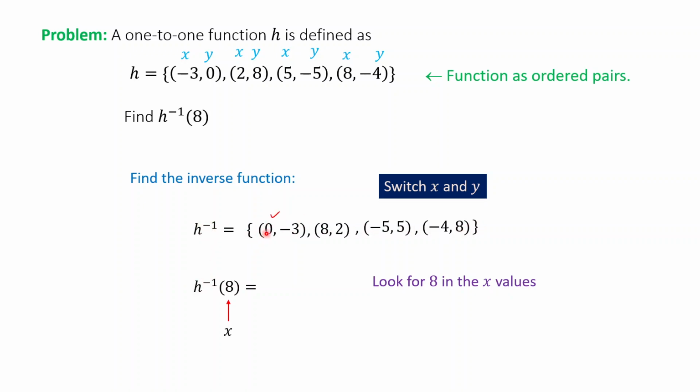Here these are the x values: 0, 8, -5, -4. You look for 8. Here you have 8. For this 8, 2 is the y value. This 2 is H inverse of 8. This is the answer.